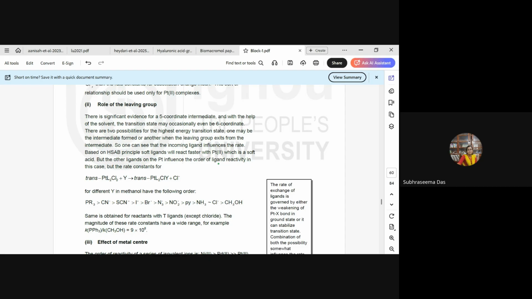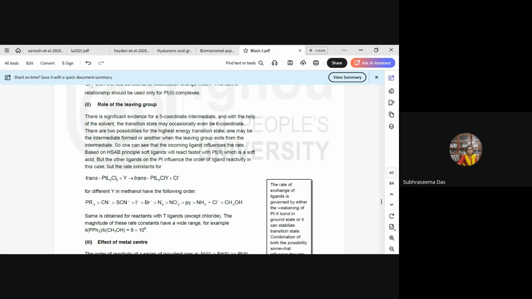We see that the incoming ligand influences the rate, because by the HSAB principle, the hard soft acid base principle, soft ligands will react faster with Pt2+, which is a soft acid, but other ligands on the Pt will definitely influence the order of ligand reactivity.